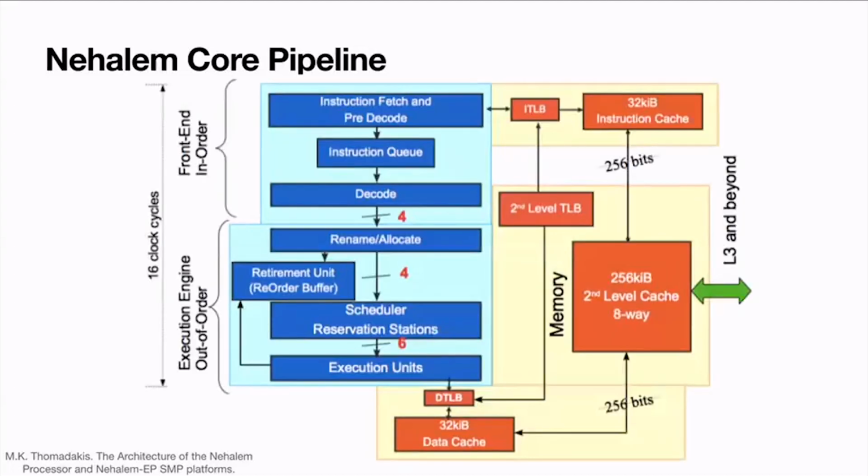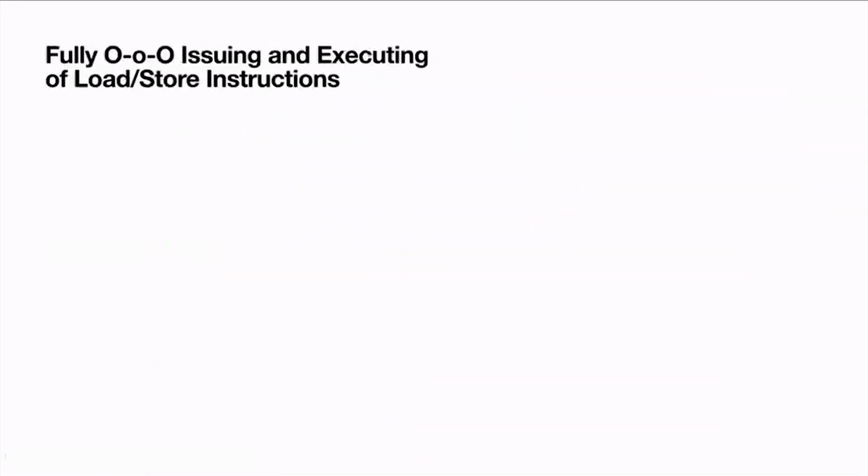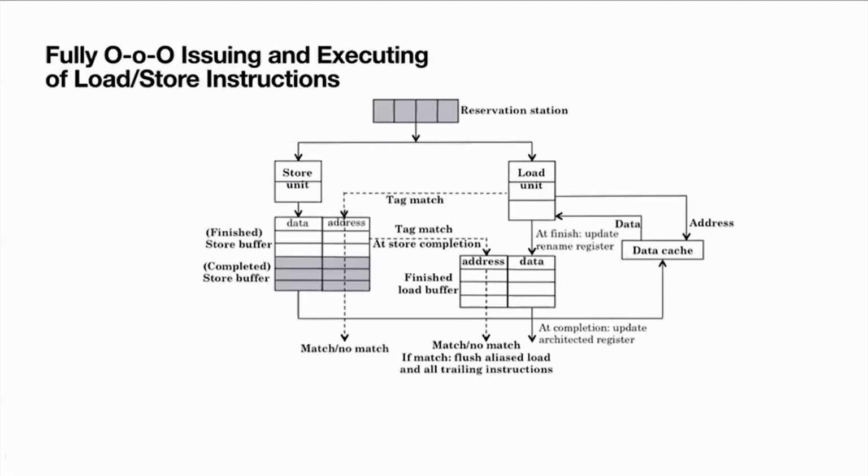I have a question about the previous method that we discussed. Here there is this finished load buffer, and you did mention the reorder buffer. When exactly does the data go from the finished load buffer to the reorder buffer? No, here this is a finished store buffer and completed store buffer.